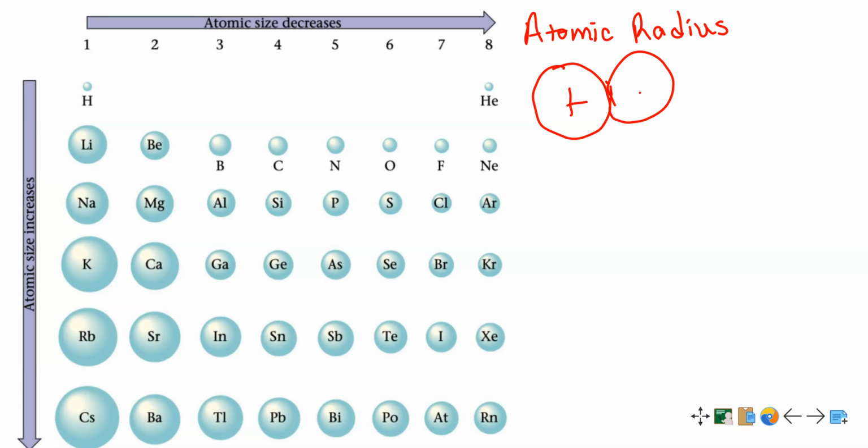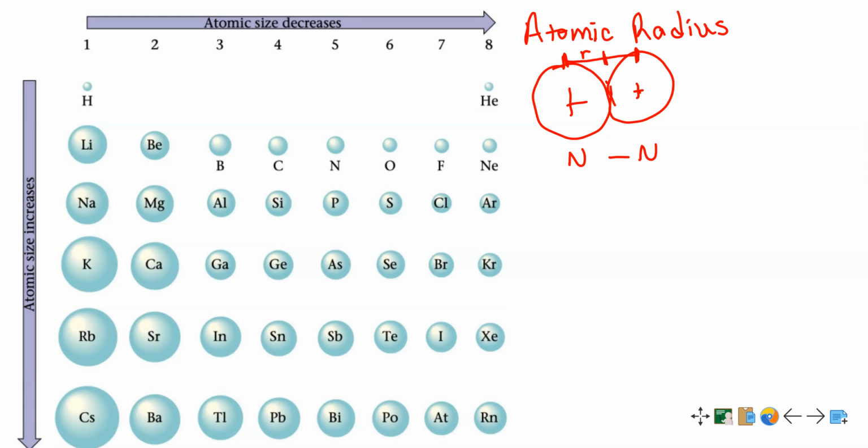Okay, so we have two nitrogens bonded together, and the radius is half the distance of that bond length. That's the radius. And it's weird because it's usually calculated. It's not usually actually measured. It is measured in some cases, but it's usually calculated.